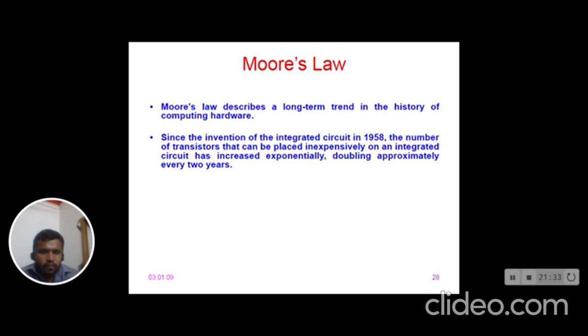In the first generation we had a large number of transistors, which made the entire system big, and that can be reduced by using integrated circuits and VLSI designs.